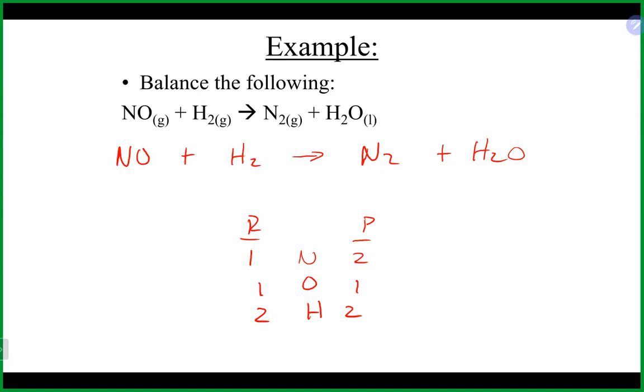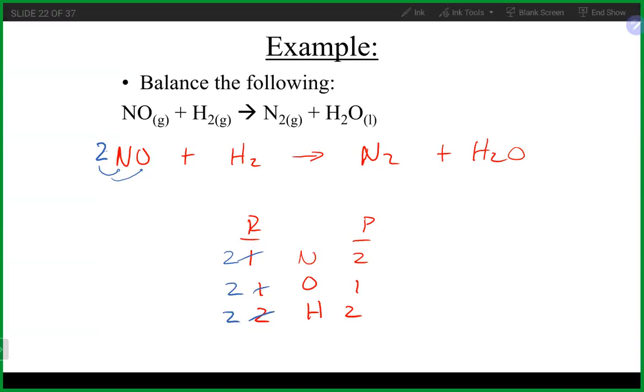So once again, we're going to put the appropriate coefficient there on the left, which is a 2 in this case. Once again, when we put the 2 there, it does go for everybody that is behind it. That means here we do have 2 nitrogens. We now have 2 oxygens, and we still have 2 for our hydrogens.